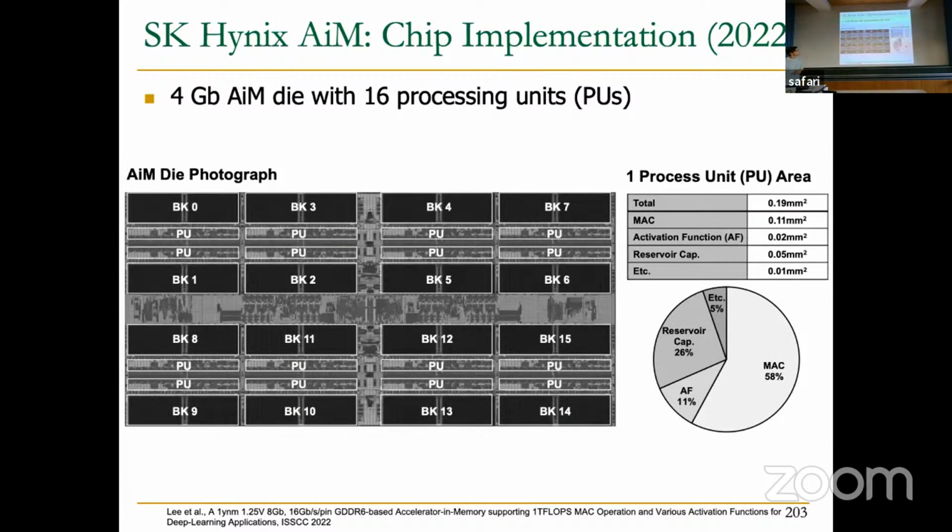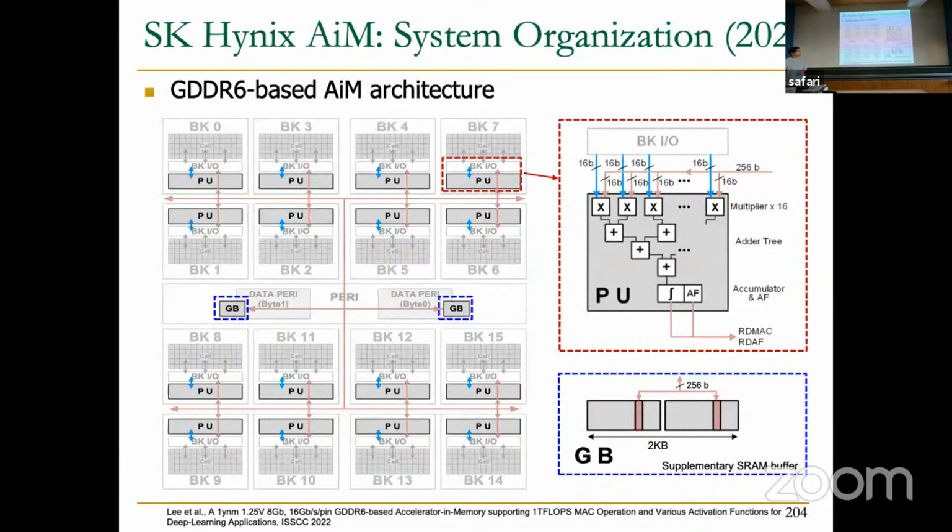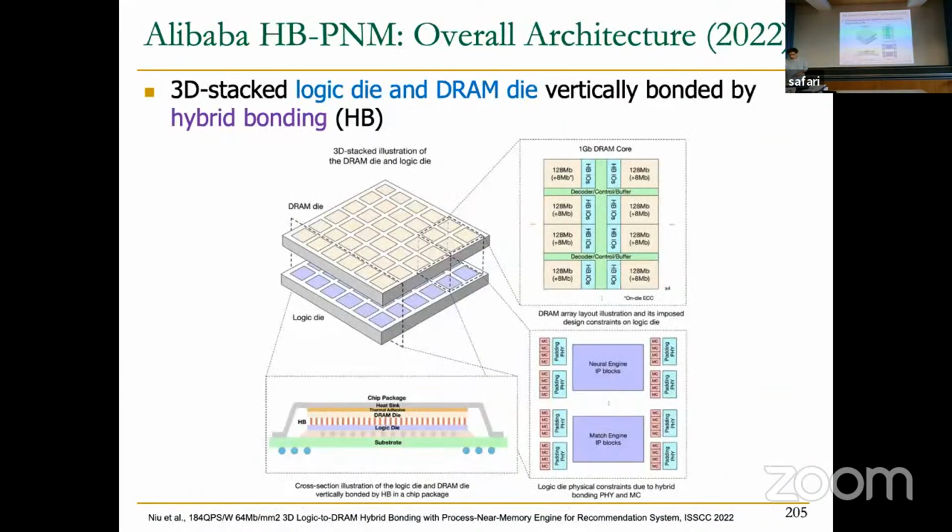This is a more recent proposal from another major DRAM vendor, SK Hynix, but it is somewhat similar to FIMDRAM because it also places processing units for machine learning and artificial intelligence near the memory banks. And remember how each of these processing units looks, with an array of multipliers, an adder tree, and some other interesting functionality. And the other example is from Alibaba for recommender systems.